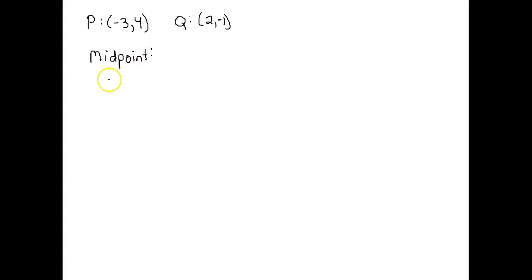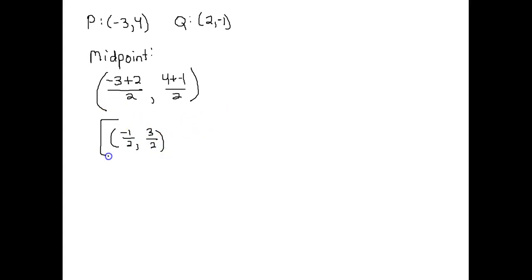Formula says take -3 plus 2, divide by 2, and take 4 plus -1 and divide by 2. So we end up with (-1/2, 3/2). And that's the midpoint. That's the point halfway between the two.